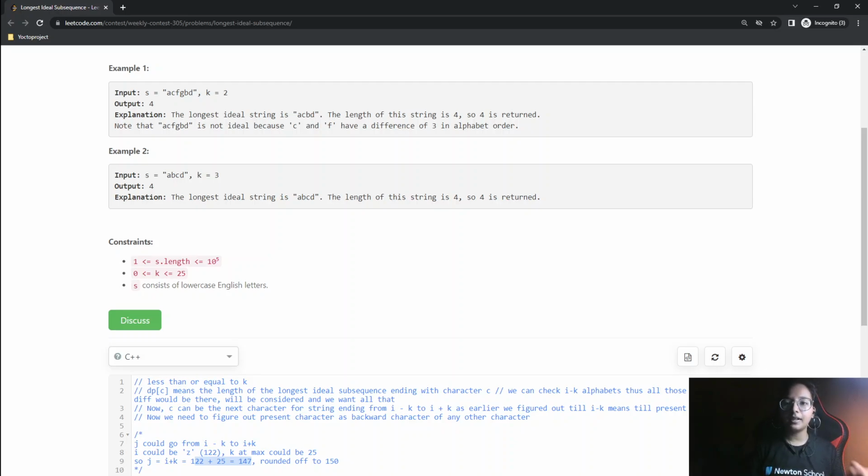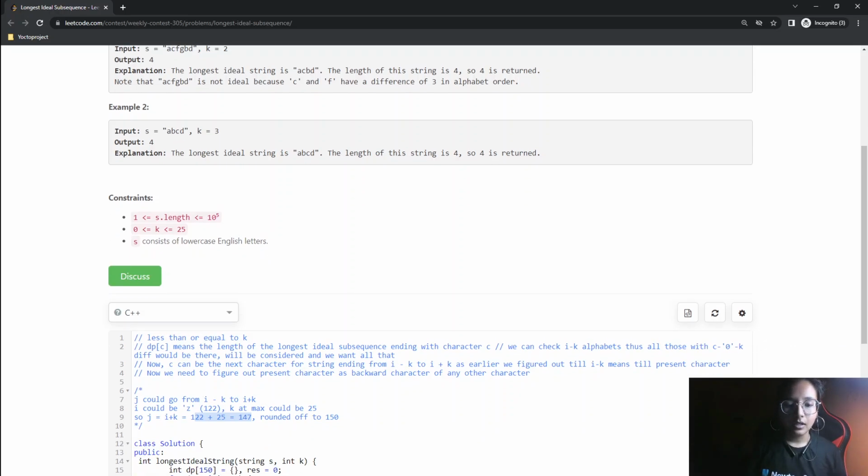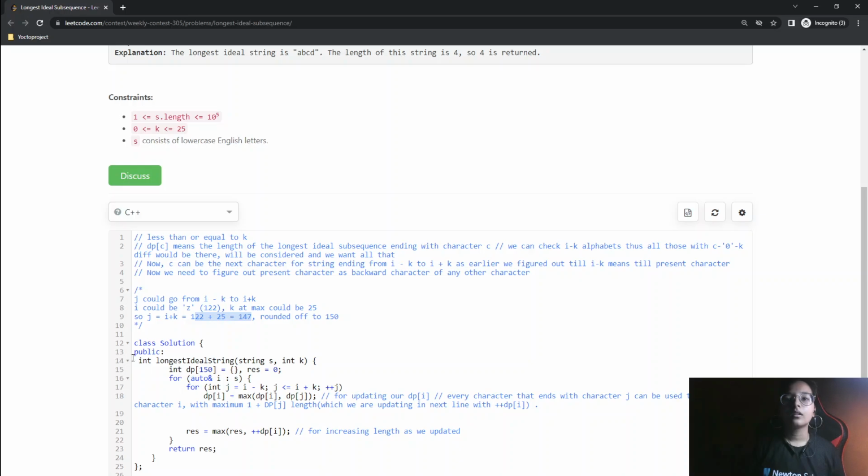And now comes the part of how you are required to code this particular question. So here's the thing. We are required to take a DP of 150 size, right? And I've already told you why 150 size, and the result equals 0. Now you are required to check each and every character from the string which is given to us.